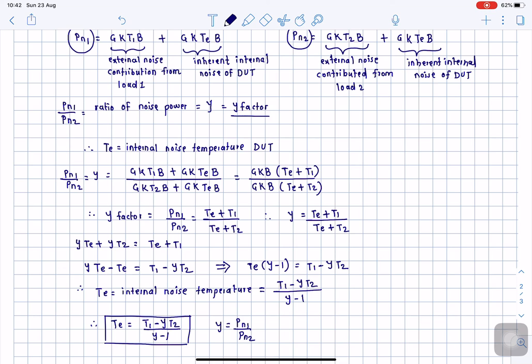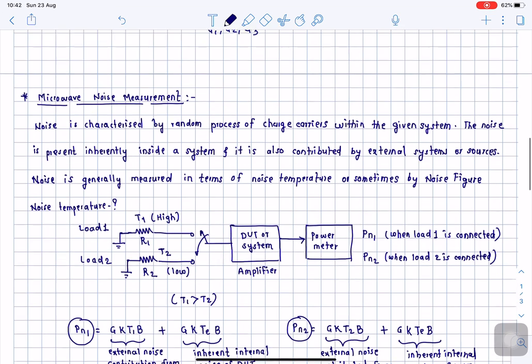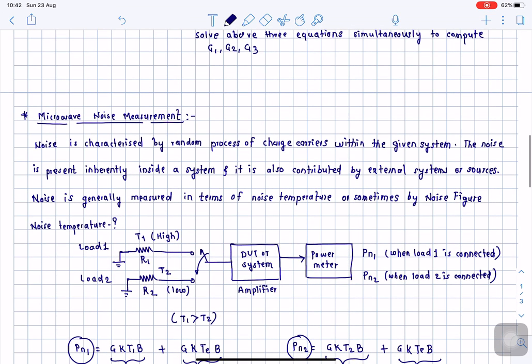We started with VSWR, measured the unknown frequency, different types of losses, attenuation, dielectric constant, quality factor, and today the measurement of unknown antenna gain and of noise produced in a microwave circuit. This completes module number 5, the microwave measurement parameters. Thank you very much.